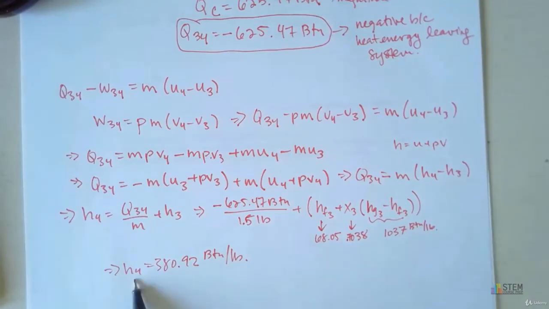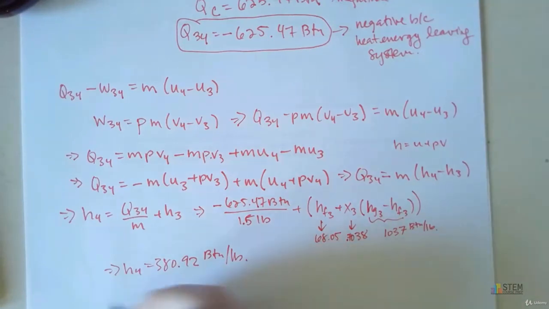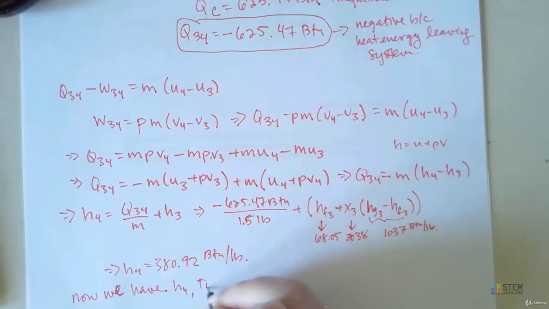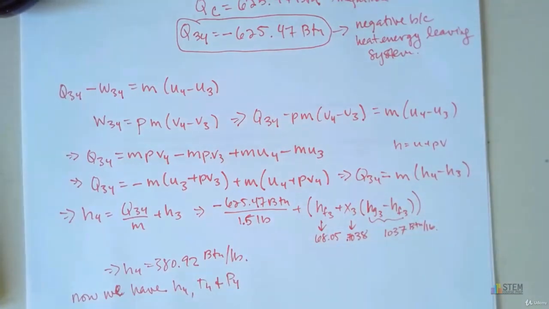We now have H4. We've got our temperature at 4, and since we know the temperature, we also have the pressure. Oops, let's write a note about that. So we've got these 3 things, and remember what we're looking for is work. That's what we're trying to find here.